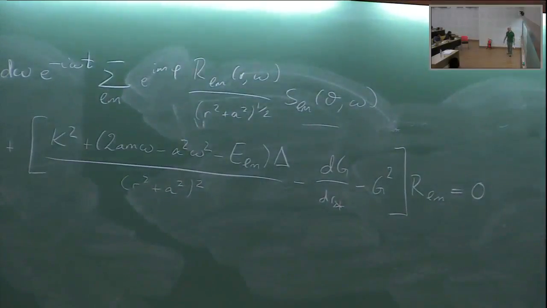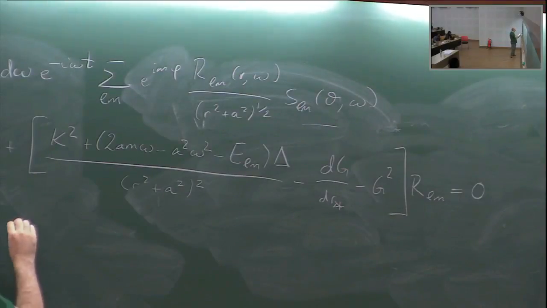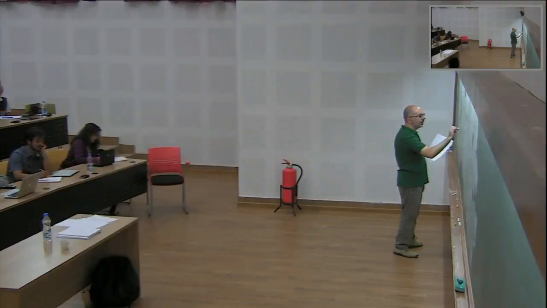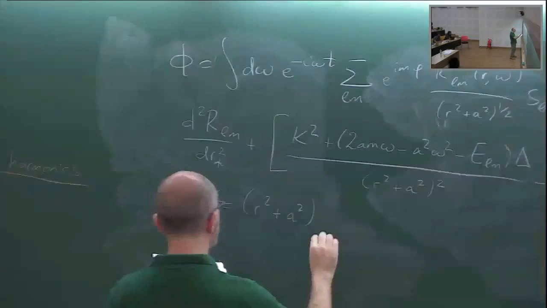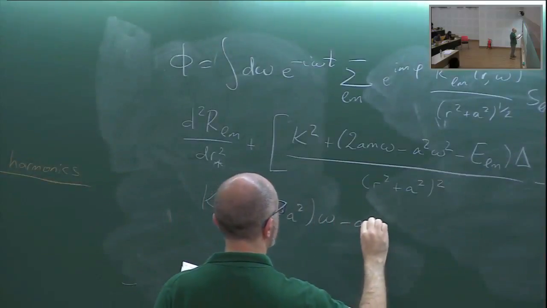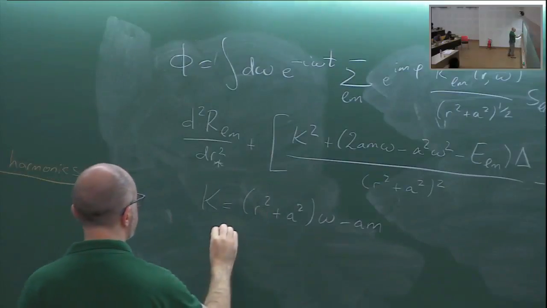You see that for Kerr, once again, if you write down the scalar wave equation, the scalar field perturbation equation, you get a wave equation, which is remarkable. But the potential looks really, really ugly. So this potential is defined in terms of the following quantities. K is (r squared plus a squared) omega minus am.